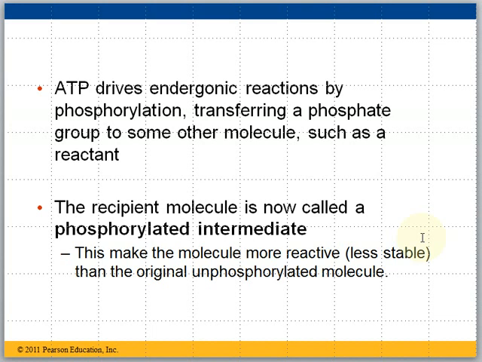So when that phosphate group is broken off at the end of ATP and is releasing energy, that phosphate group will then bind with the recipient molecule, and now we call that a phosphorylated intermediate. And doing that makes that intermediate molecule more reactive, less stable, so then it is more likely to go through the reaction that it needs to go through as well.